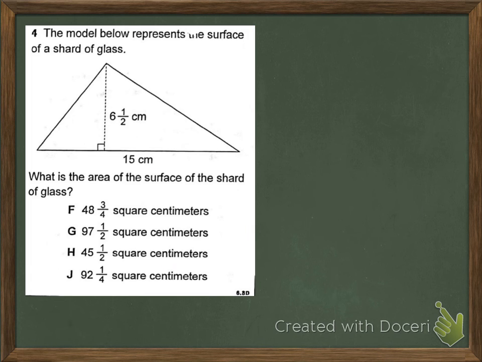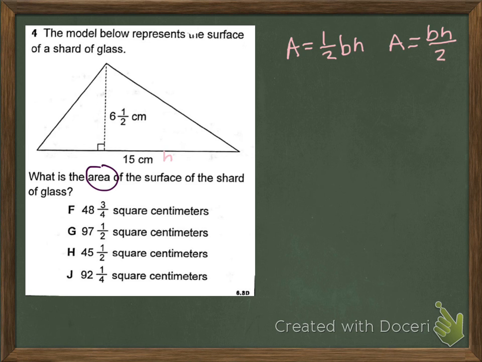Okay, the model below represents the surface of a shard of glass. So what is the area of the surface of the shard of glass? So this is a triangle. So from your star chart, you can pull that area equals 1/2 base times height. And we change that to area equals base times height divided by 2.